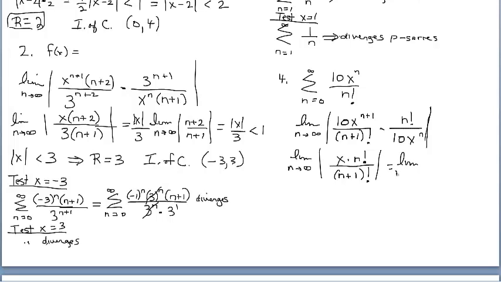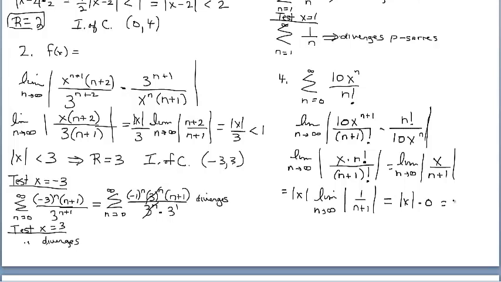We saw this in a previous problem when this situation came up. Okay, so I'm still going to have x on top, but I'm going to have n plus 1 on the bottom. I'm going to pull out the absolute value of x and the limit as n goes to infinity of 1 over n plus 1. Okay, evaluating this limit is going to give us 0. So I'm going to end up with absolute value of x times 0, which that product is 0.